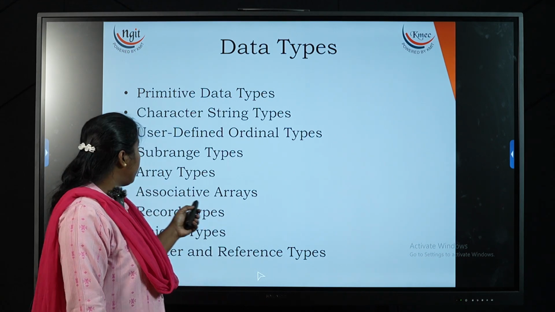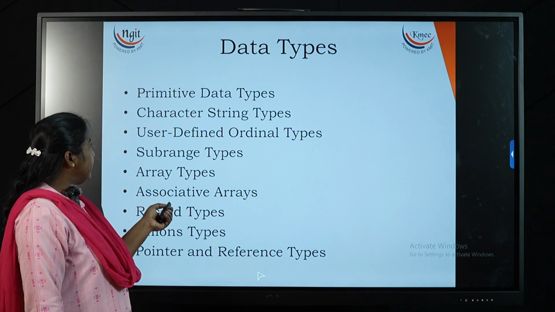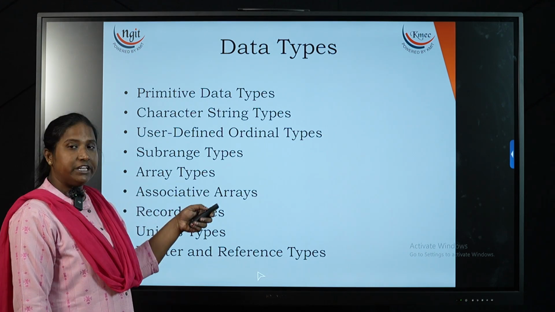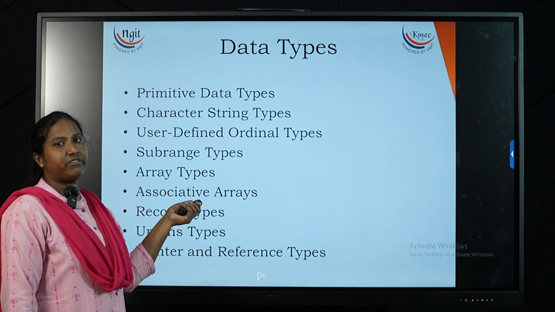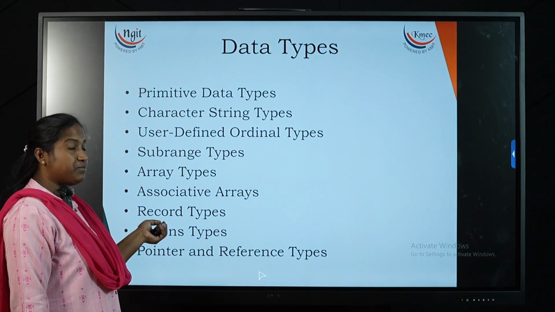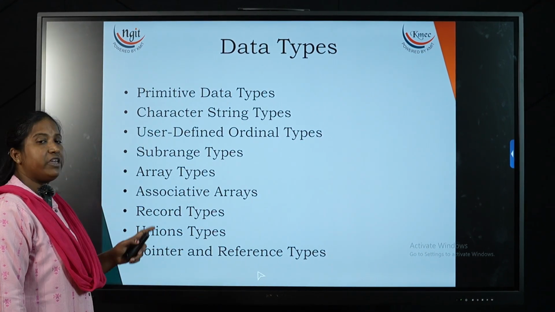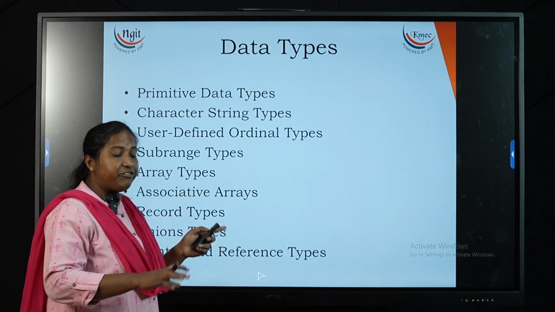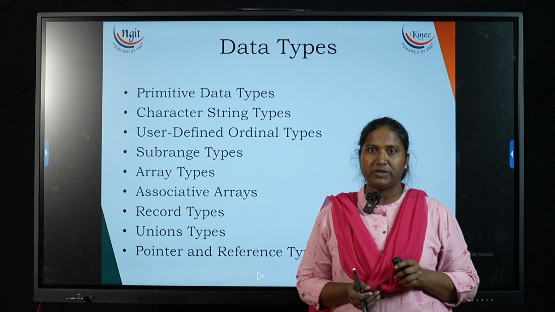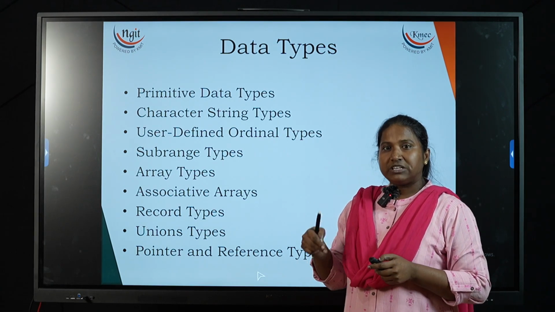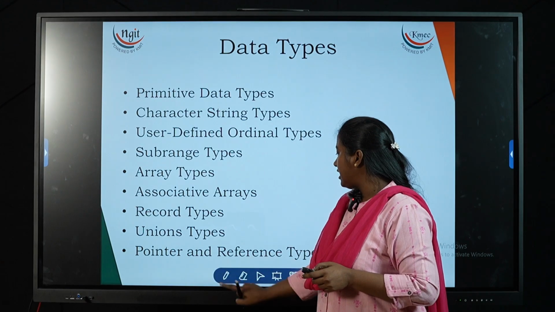Those data types are primitive data types, character string types, user-defined ordinal types, subrange types, array types, associative arrays, record types, union, pointer, and reference. These are the different kinds of data types we can see in the languages. For this video, we'll talk first about primitive data types.